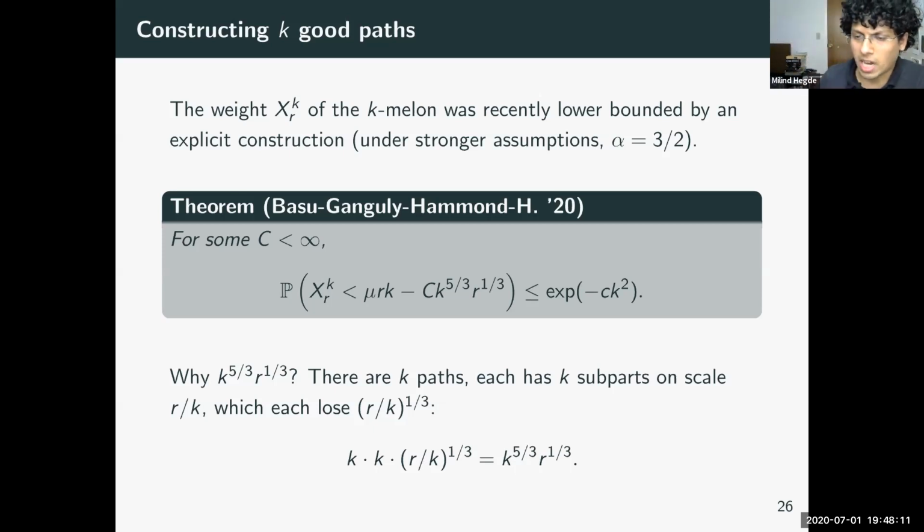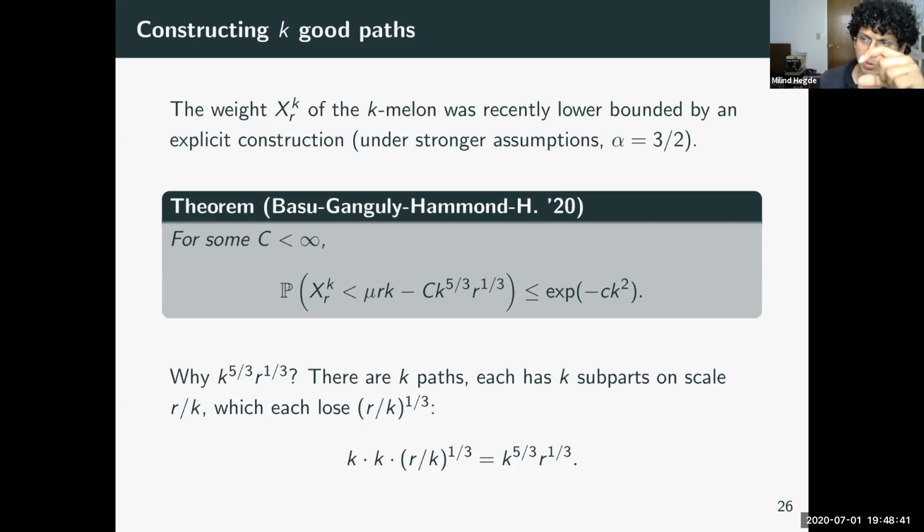Now this kind of heuristic I just wrote here is not true for the geodesic, right? Obviously, the geodesic does not suffer as a function of k a typical loss. And the basic reason the heuristic is correct over here but not over there is because here you have to avoid the other paths, and that puts a constraint on you, so they can't move freely the way that the geodesic can move freely.